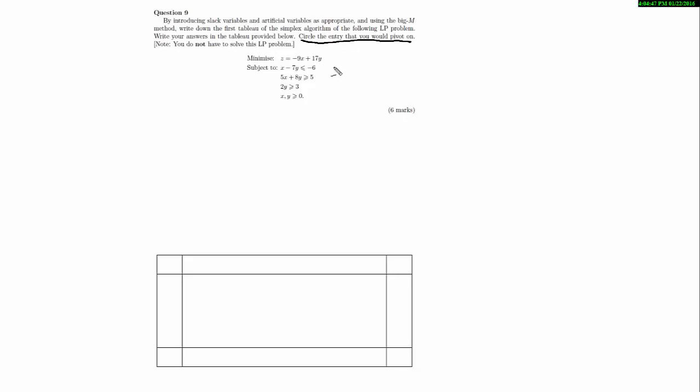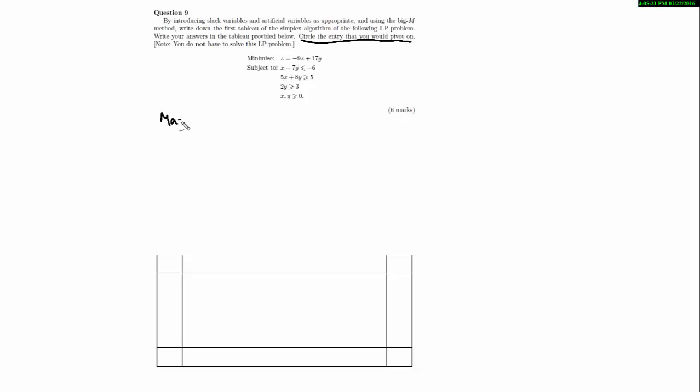Alright, so let's have a look at the LP problem we're given. In this case, we're given a minimization problem and a set of constraints here. Now in the form that it's in, this minimization problem isn't as useful to us as a maximization problem. So we can quickly rewrite this as a maximization problem.